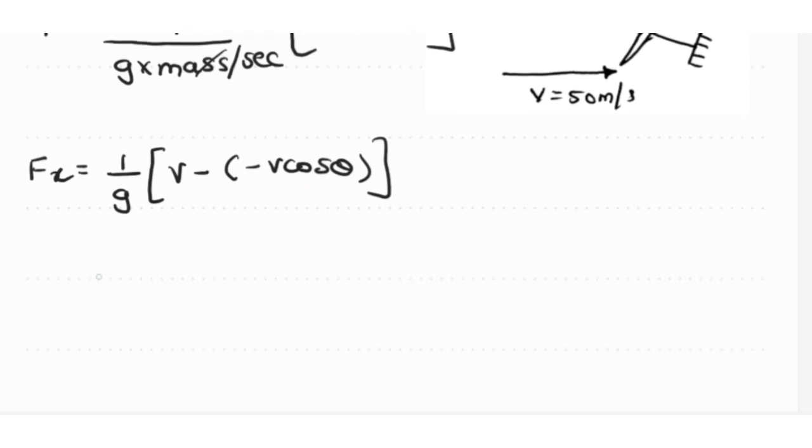Let us substitute the values: 1 divided by 9.81. The initial velocity is 50, so minus of minus becomes plus, 50 into cos 25 degree.